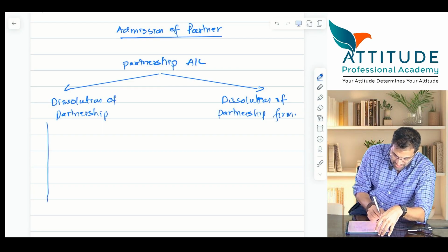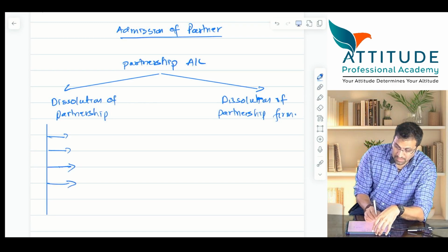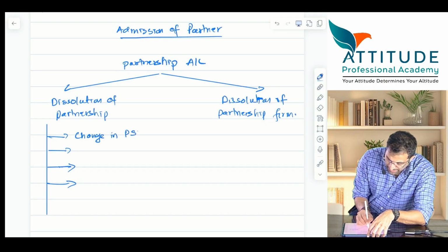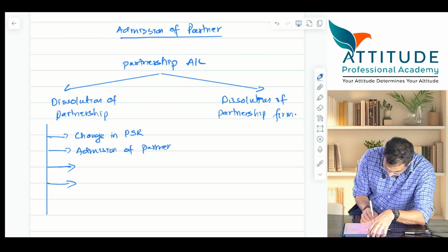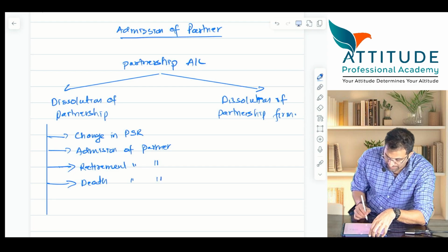In dissolution of partnership, there can be change in profit sharing ratio, admission of partner, retirement of partner, death of partner.